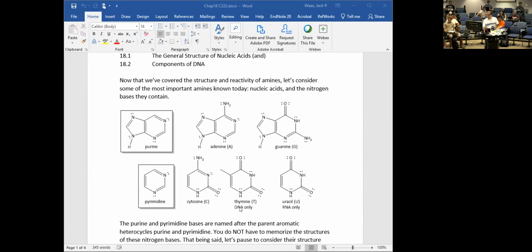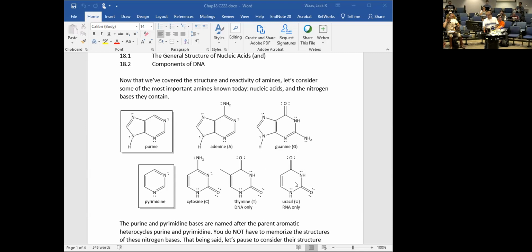And as for the pyrimidines, cytosine you will find in both DNA and RNA. And then I bet you even learned in your high school biology class that thymine you find only in DNA and uracil you find only in RNA. The difference between the two is just this one methyl group. In uracil, that's not a methyl group, that's just a hydrogen. But other than that, the structures are identical.